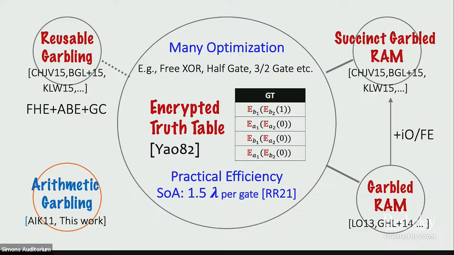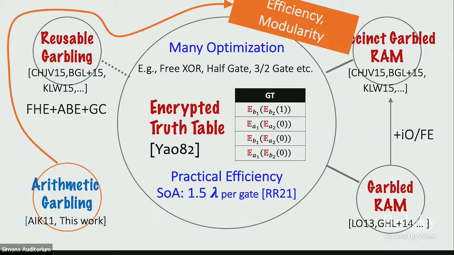The wire value could be from an exponentially large domain, so it is impossible to enumerate the truth table of the gate. By doing so, we might, in a very unexpected way, arrive nevertheless at those goals like efficiency and modularity that we care about, but through a completely different route.